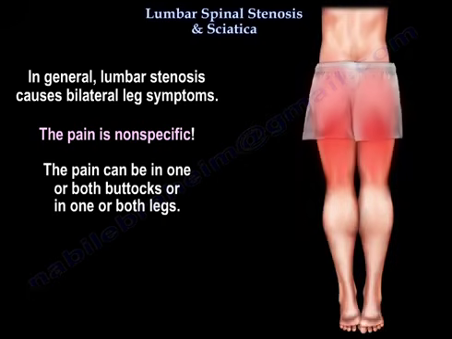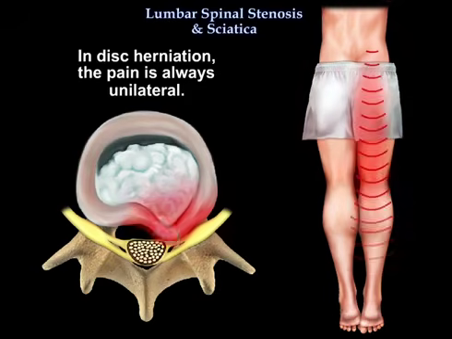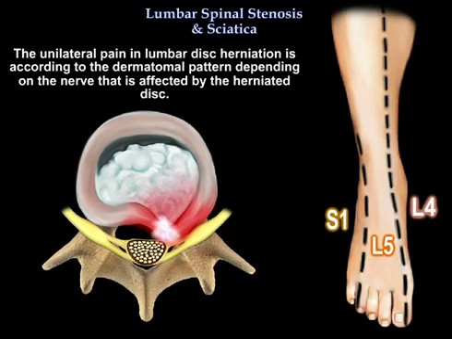The pain is nonspecific. The pain can be in one or both buttocks or in one or both legs. In disc herniation, the pain is always unilateral. The unilateral pain in lumbar disc herniation is according to dermatomal pattern, depending on the nerve that's affected by the herniated disc.